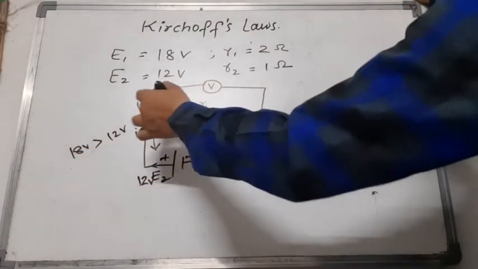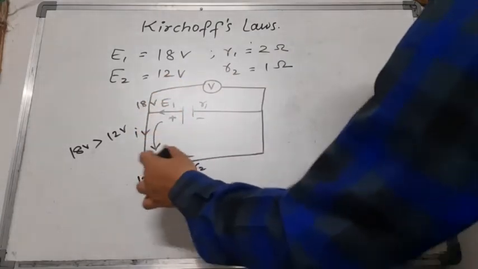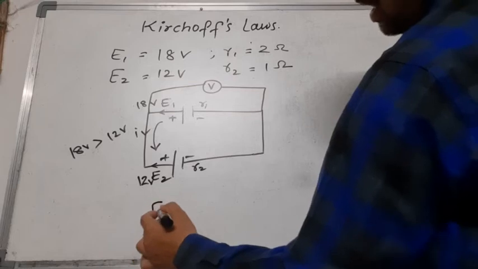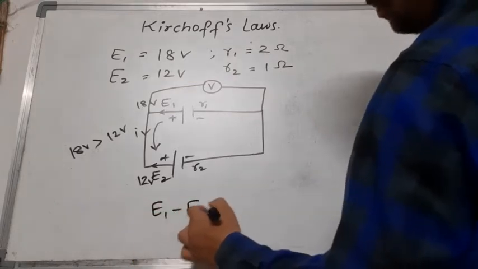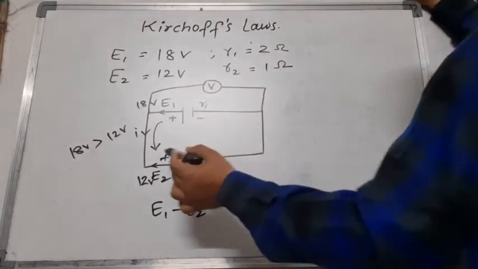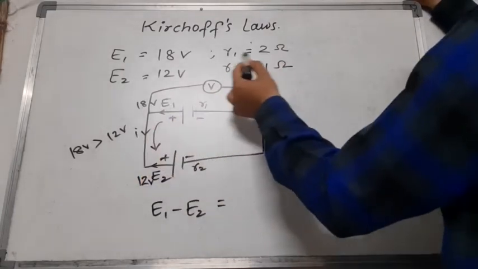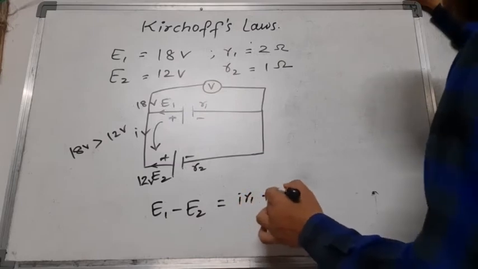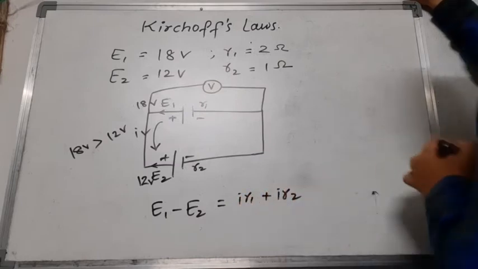The current from the 18 volts battery will dominate the 12 volts battery. So what we will write here: E1 minus E2 is equal to I into R1, that is IR1 plus IR2.